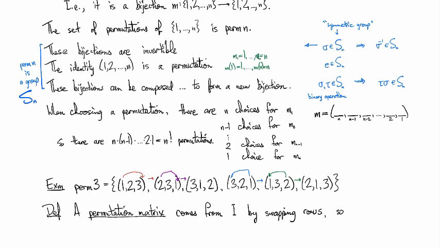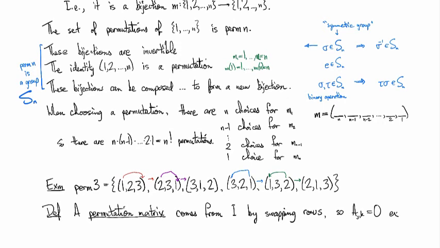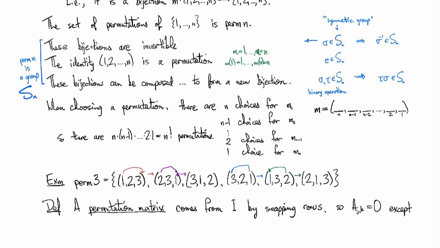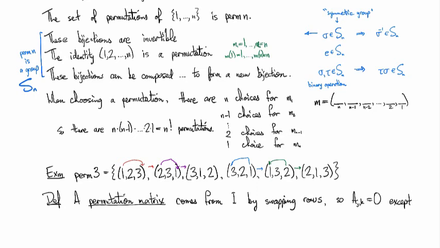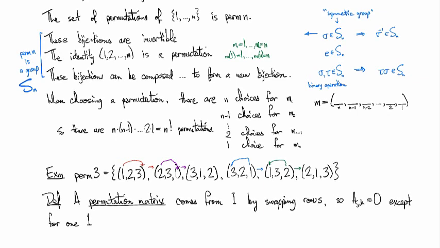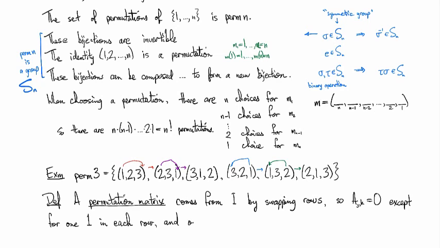And so this means that in a permutation matrix A, a_jk is going to equal 0, except row swaps preserve this property of the identity that each row has exactly one 1 in it, and each column has exactly one 1 in it. So except for one 1 in each row and one 1 in each column.